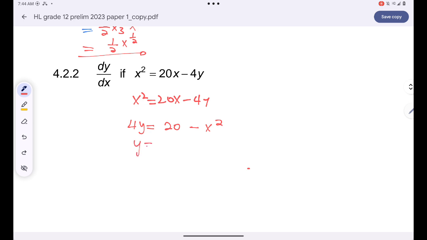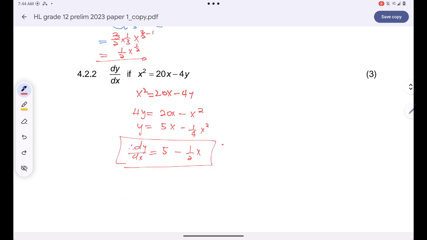And then I'll just divide every term by 4. y is just equal to 5x minus 1 over 4 times x squared. Therefore, the derivative of y with respect to x will simply be 5 minus 1 over 2 x. This will be my derivative.